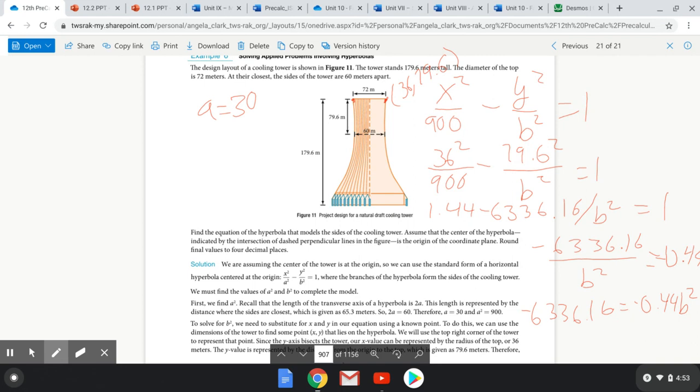we get b squared equals 14,400.3636. Now, I'm doing this all in my calculator, and I'm keeping it all in my calculator so I don't have rounding errors.